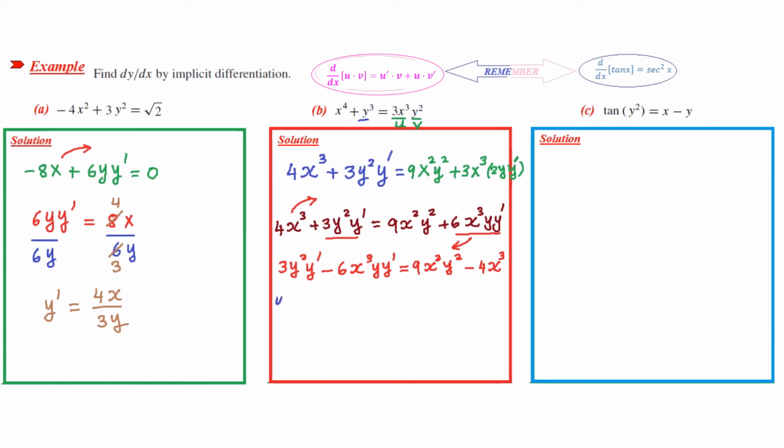So take out y prime as GCF and you will get 3y square minus 6x cubed y equals 9x square y square minus 4x cubed.